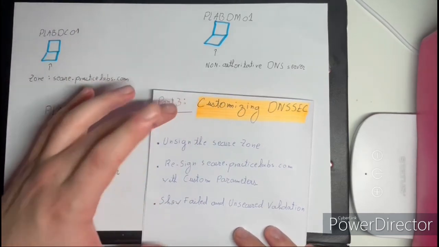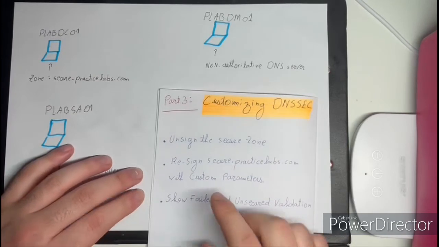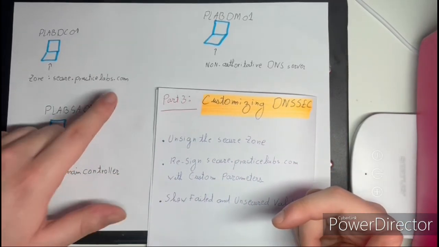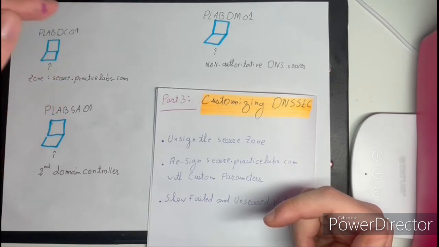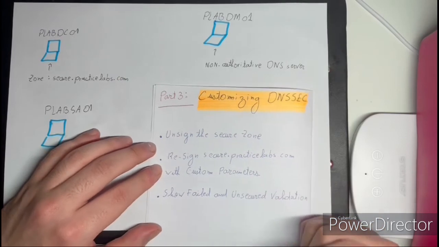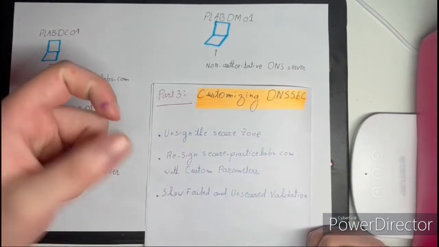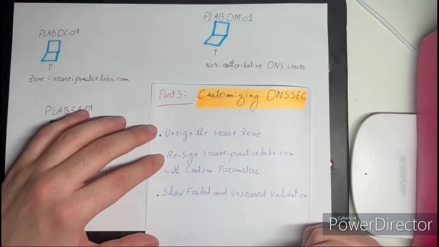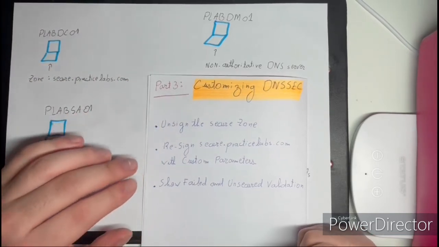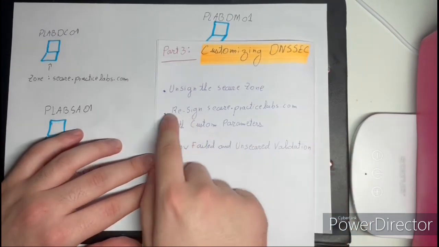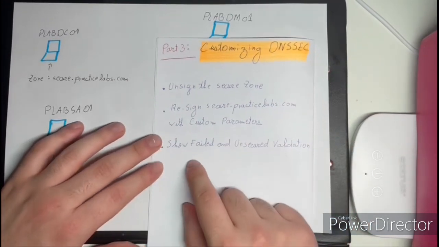So within this part, we will unsign the securepracticelabs.com zone and re-sign it again using custom parameters. We'll notice the effect of re-signing the DNS zone on the other servers that hold copies of DNSSEC keys or trust anchors from the first signing. And yeah, these are the steps as I mentioned.